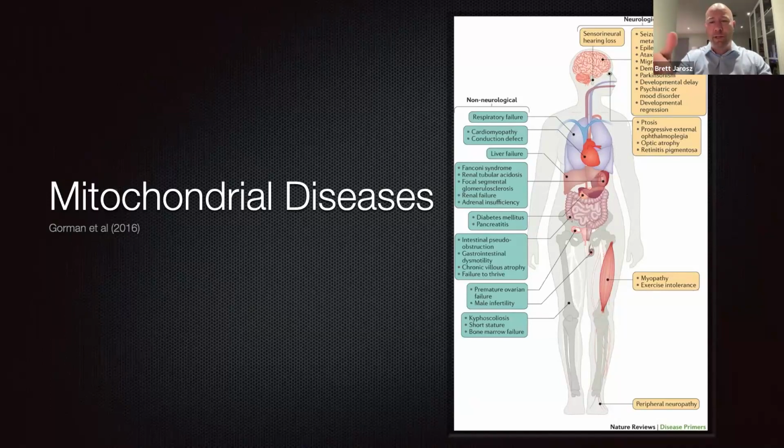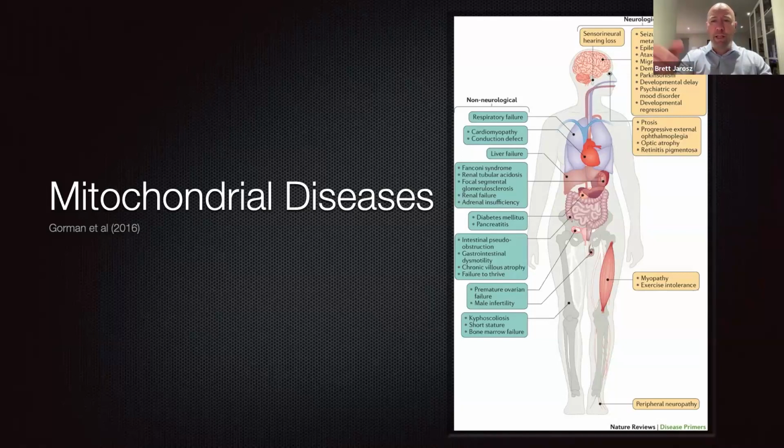It makes sense. But have a look over on the bottom left. The one that's fascinating there for me is not bone marrow failure or short stature, but kyphoscoliosis. So the idea of adolescent idiopathic scoliosis, where in a lot of cases we don't know what's causing it, but here we are, that could be caused because of a mitochondrial issue.